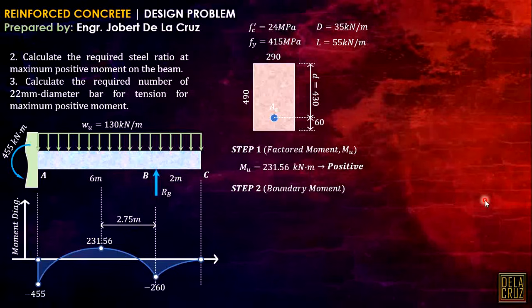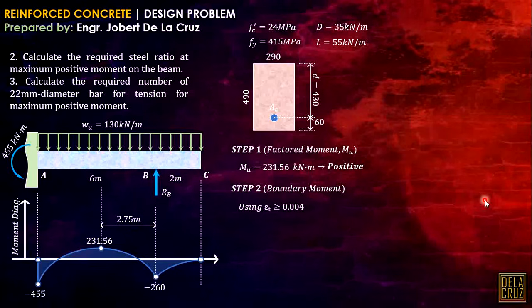We will find the boundary moment in order that we can say whether it will be designed as singly or as doubly reinforced. That will be our boundary moment. So, where can we find that? Remember, I presented to you at least 2 boundaries that the examiner may possibly use.